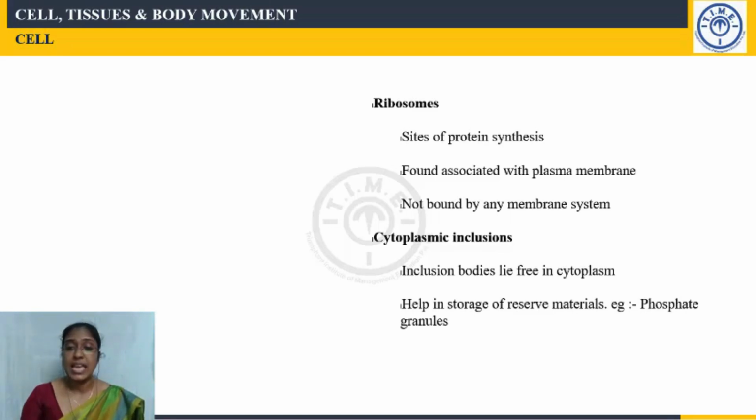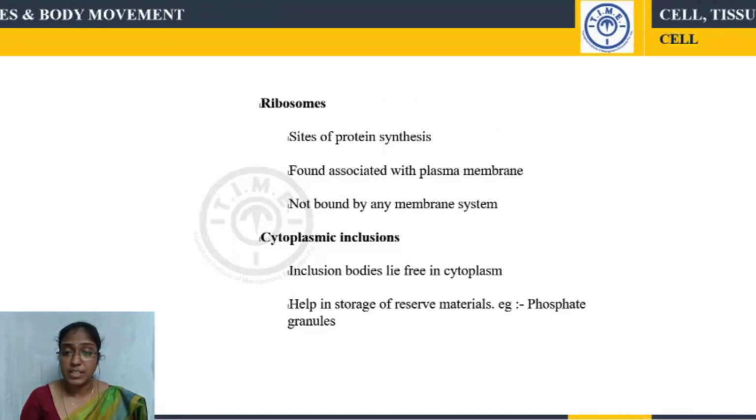They help in the storage of reserve materials. Materials found in excess are stored in the cytoplasmic inclusions for the future use of the cell. For example, phosphate granules are stored inside the cytoplasmic inclusions. So that's all about ribosomes and cytoplasmic inclusions.